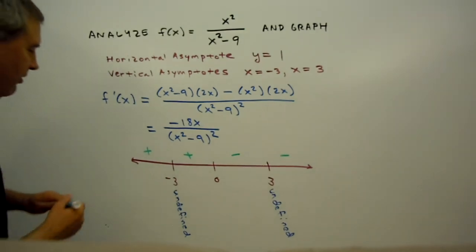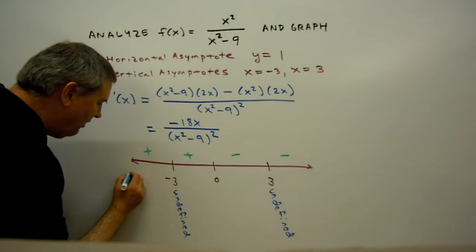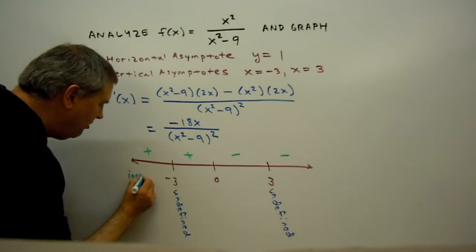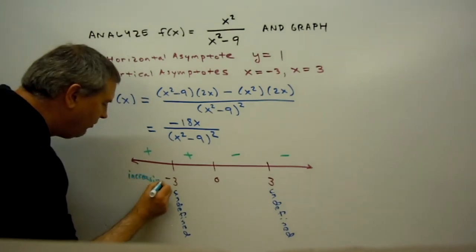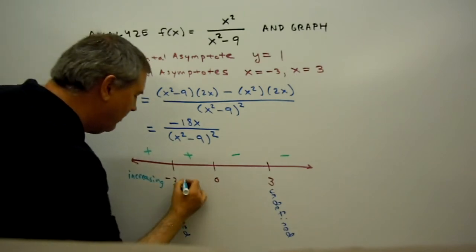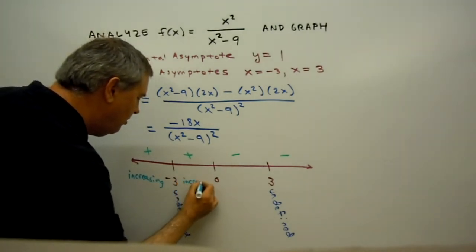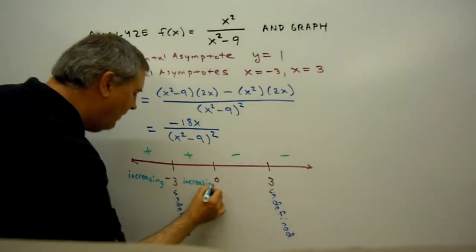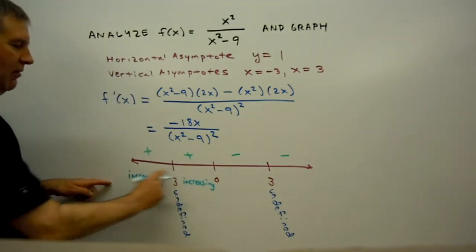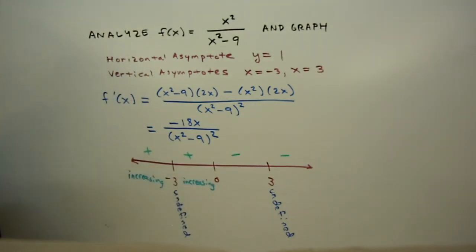So that occurs in the interval from negative infinity to negative 3, and then from negative 3 to 0. I'll emphasize that it's not increasing on negative infinity to 0 because it's undefined at negative 3. These are two separate intervals where the function is increasing.